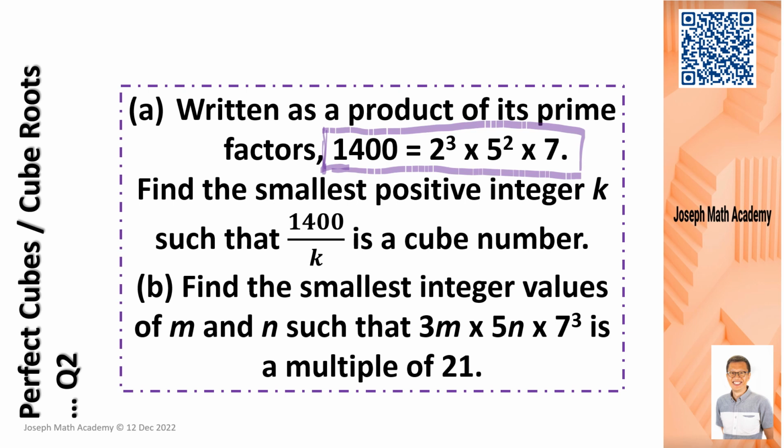Now, we are given this algebraic expression, and they told us that it is a cube number. So what should this integer k be? What is the smallest value of k? I'm going to use the next slide to go through this.